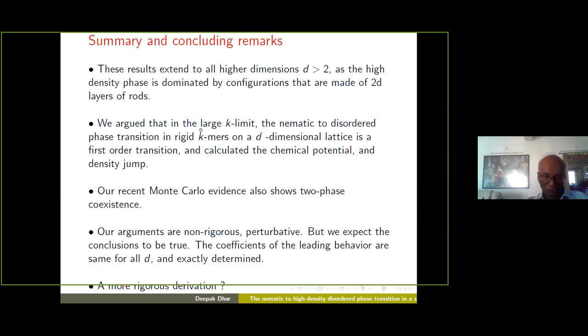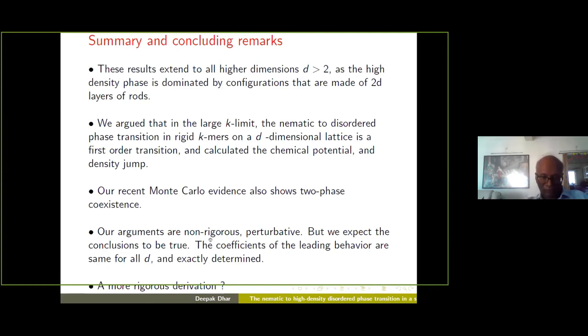So we have argued that in the large scale limit, the nematic to disordered phase transition on a d-dimensional lattice is a first order transition. We give the leading behavior of the chemical potential and density jump. The recent Monte Carlo evidence shows 2-phase coexistence, which is sort of another signal of the first order phase transition.